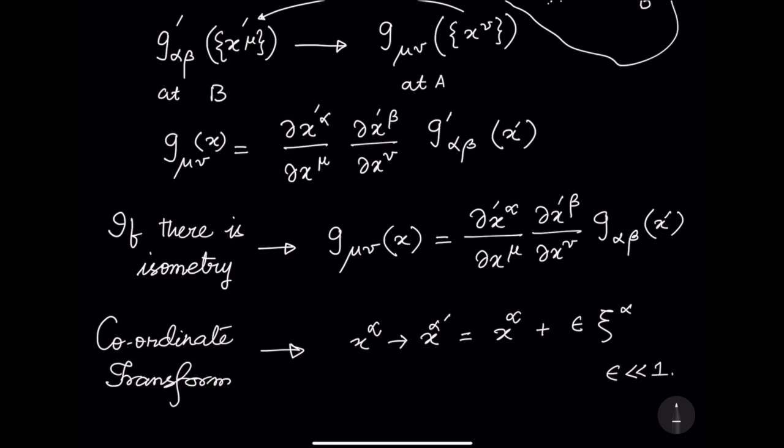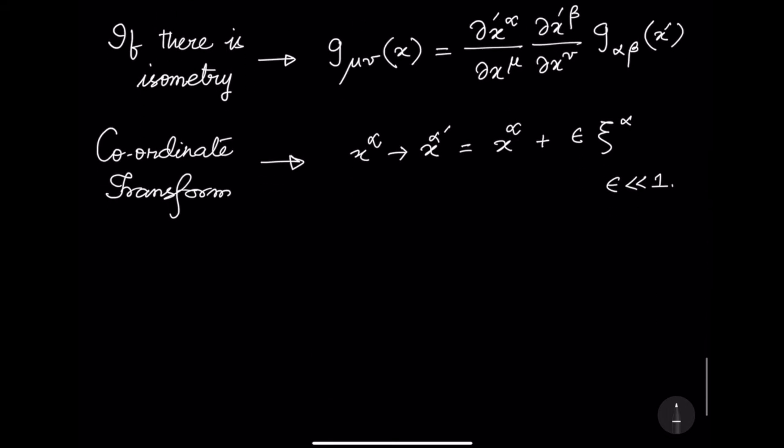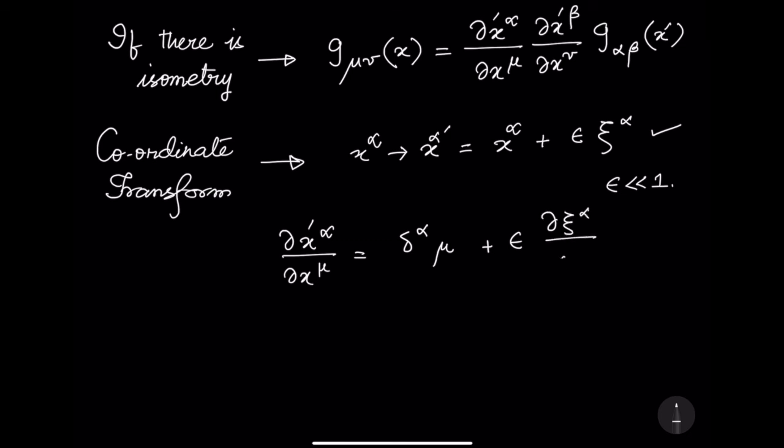The translation vector is xi alpha, and I want to see what happens to the metric. Now, one thing you will immediately notice is that del x prime alpha del x mu, I can calculate now because I know what x prime alpha is in terms of the non-primed coordinates. So this will be delta alpha mu plus epsilon del xi alpha del x mu.